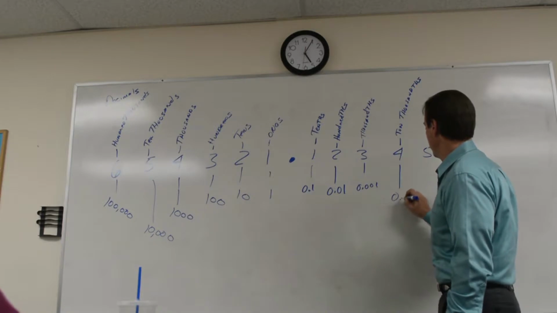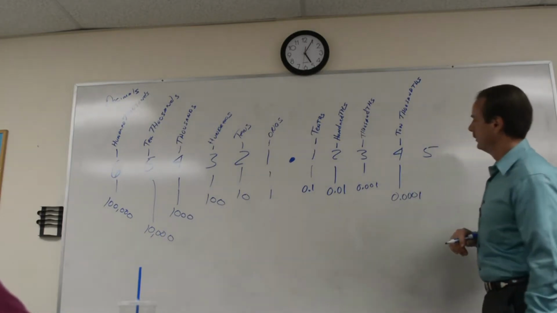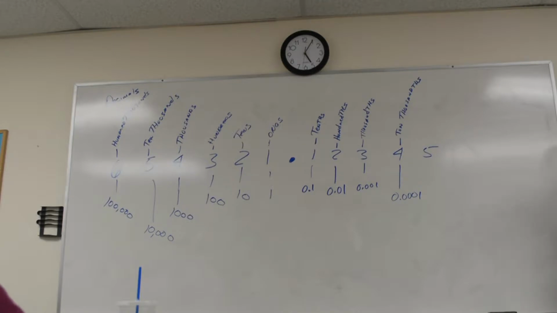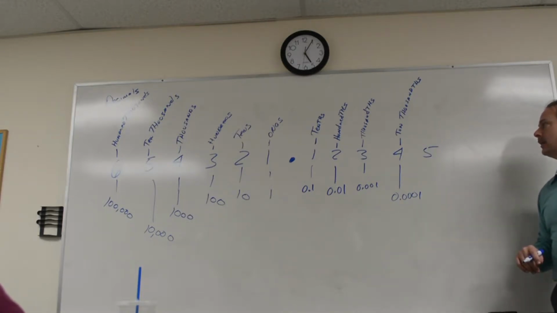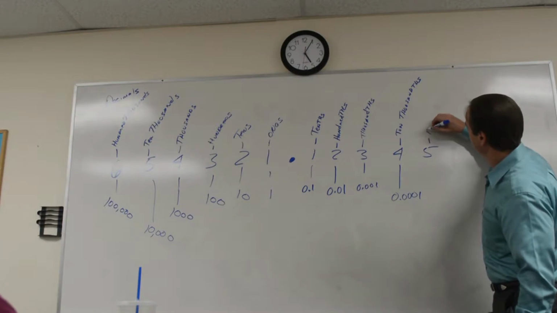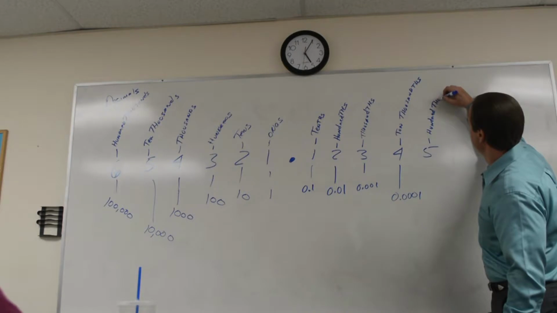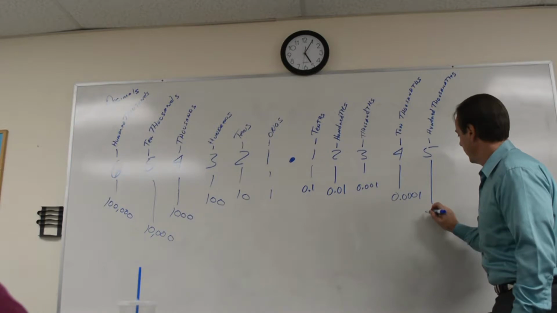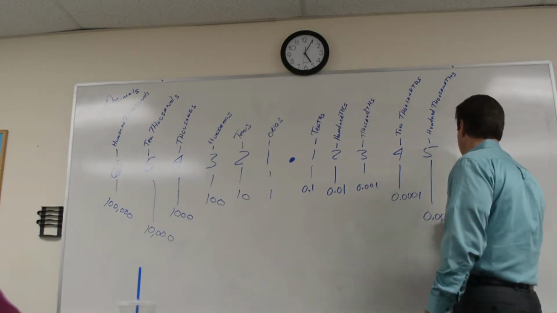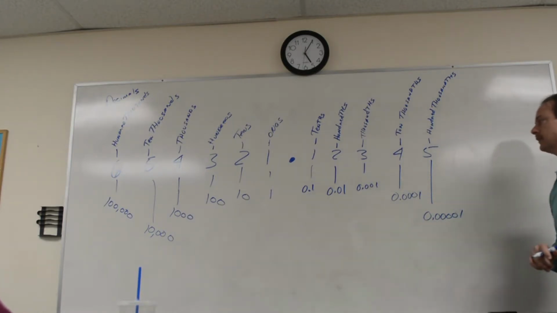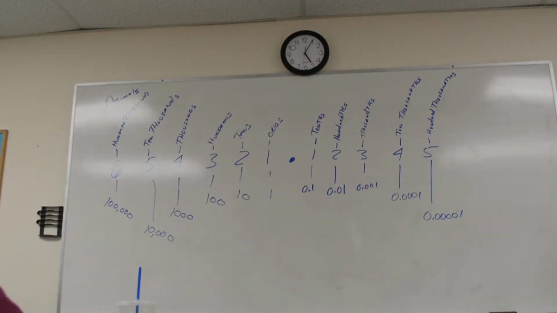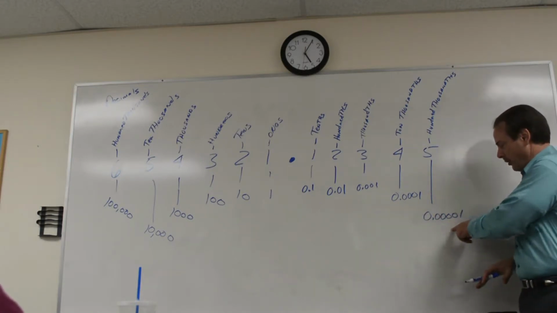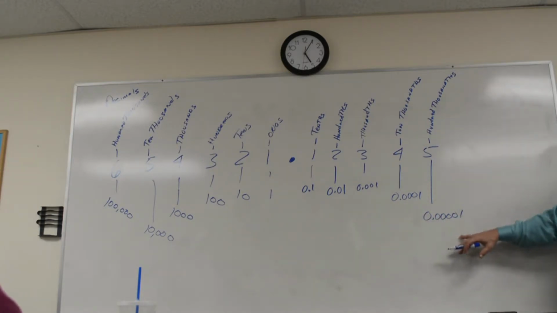And it's represented by 0.0001. The last digit here is represented by 0.00001. And as you notice, the further we go to the right, the smaller the number gets, because the more zeros to the left, it's actually getting smaller.